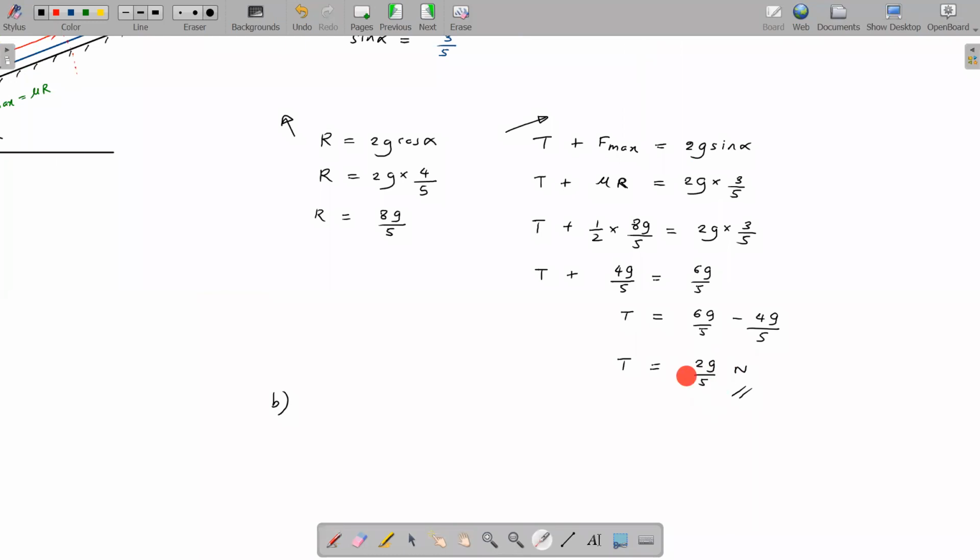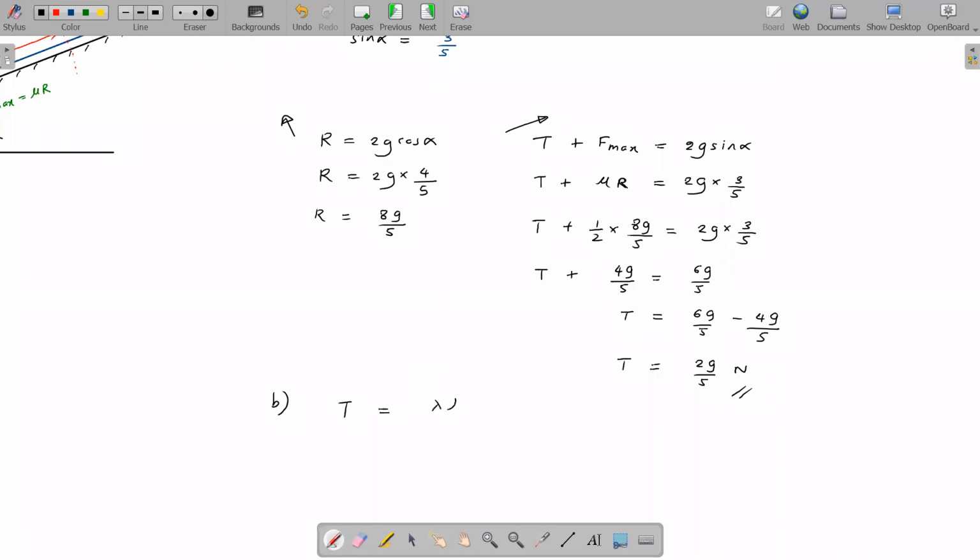By the way, if you use g as 9.8, just give it to 3SF or 2SF. When you're going to part B, try to use the full value. Since I will be using the tension to get the extension, use the full value in that case. So anyway, I will be using the full value here.